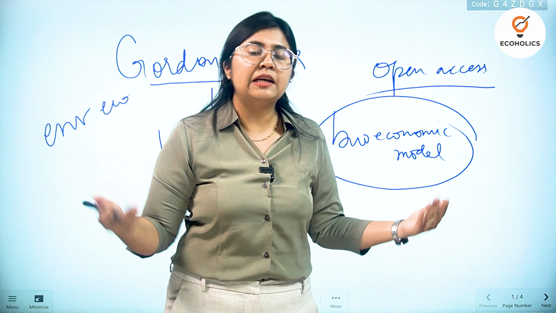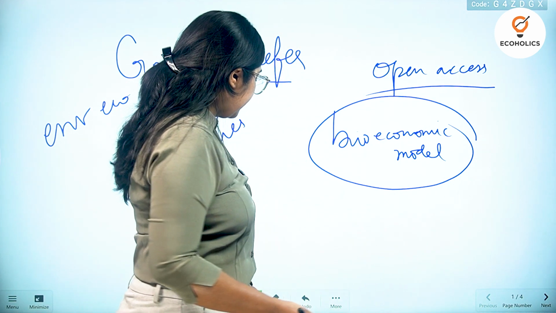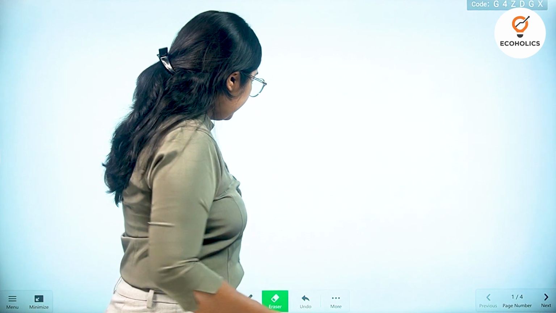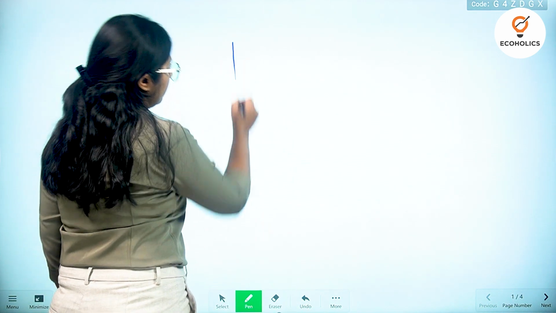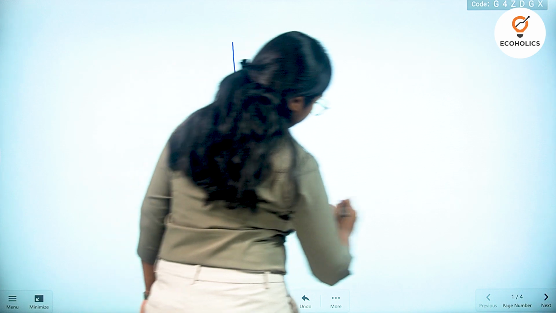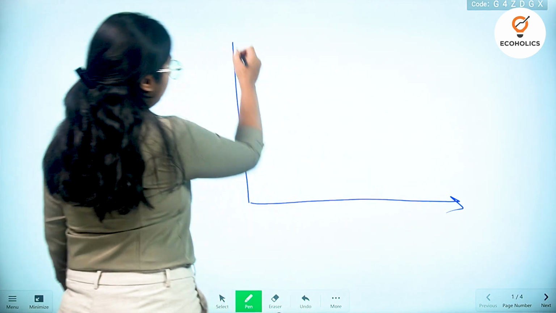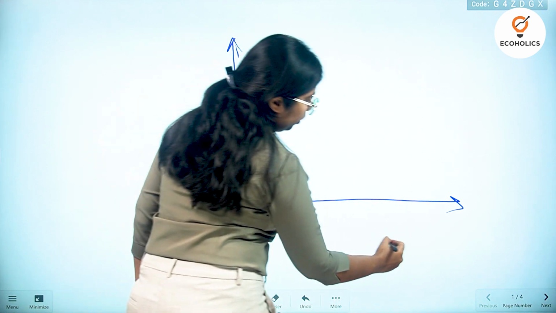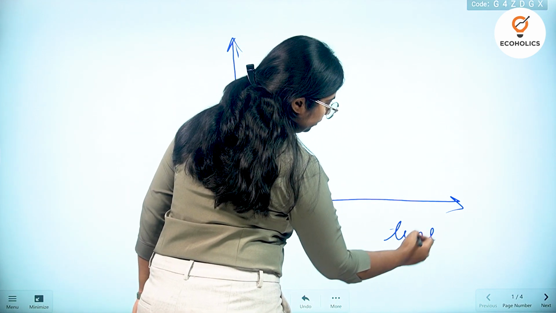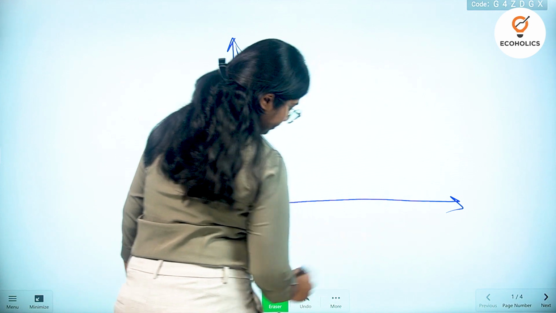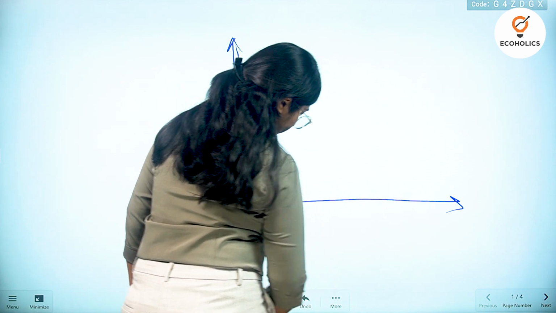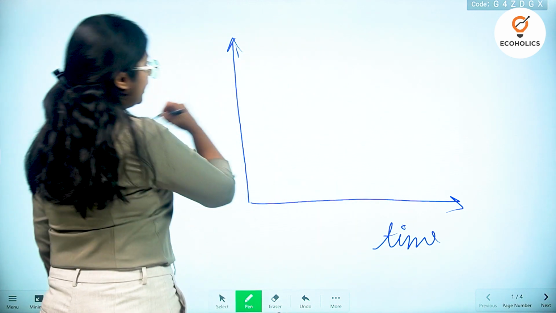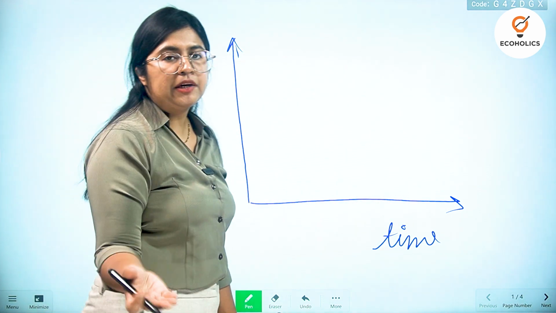Now, what is carrying capacity? To understand that, let's understand this with a simple diagram. Let's say we have growth of the population of fish over time.